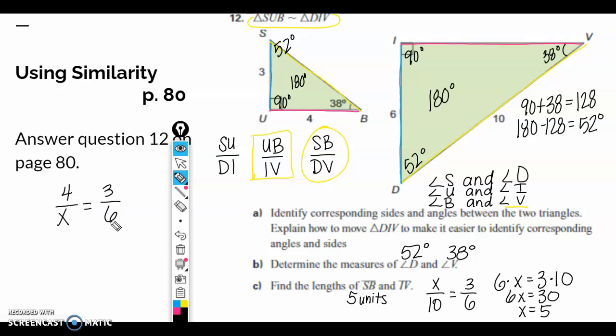We cross multiply, or find the cross product. 3 times x equals 4 times 6. 3x equals 24, so x equals 8. That means that side IB is 8 units. This is how we find the missing measures and missing side lengths using similar triangles.